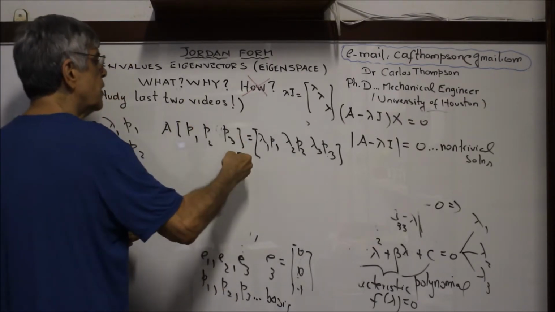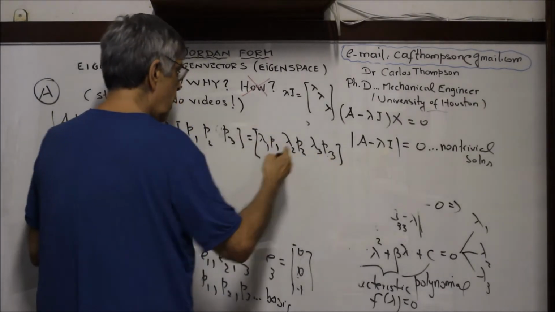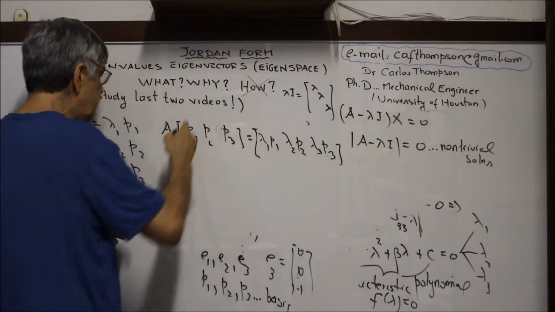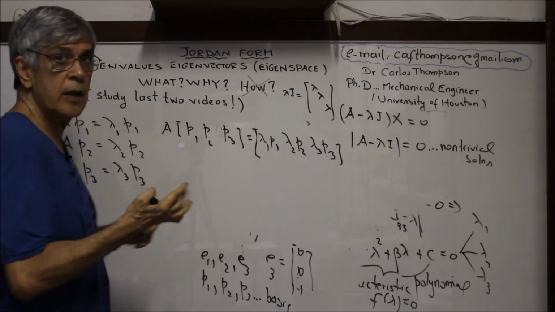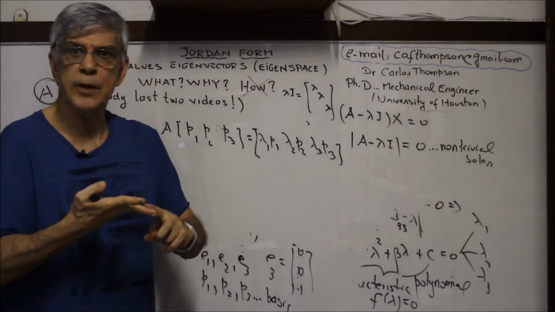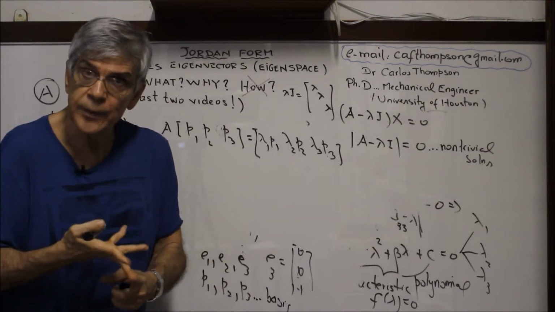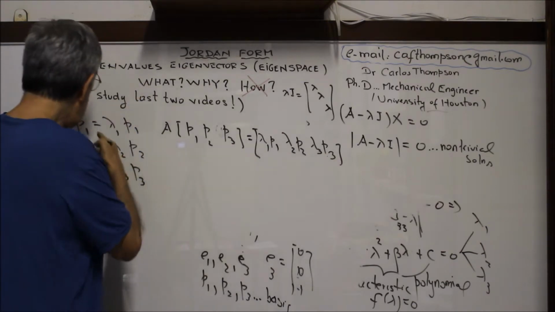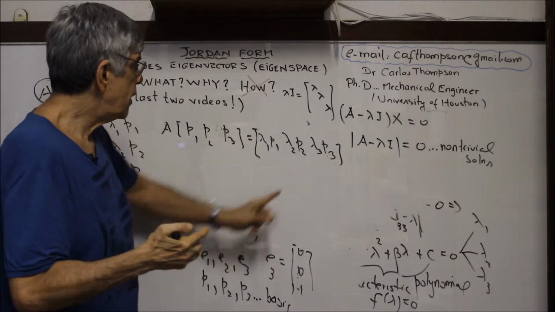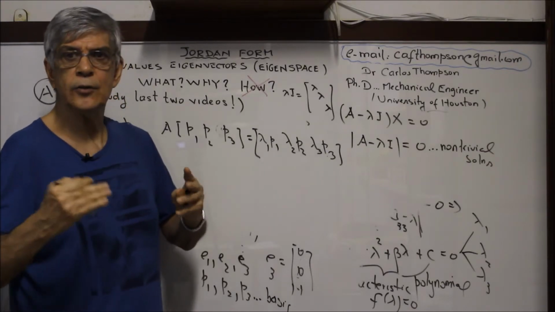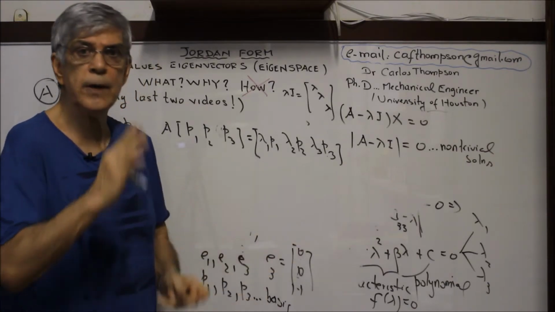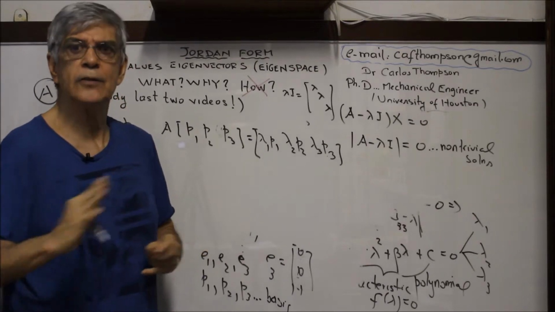Obviously, I have 3 columns here and 3 columns there. But when you see P1, you just know that P1 is P11, P12, and P13, because I am in R3. Like P2: P21, P22, and P23. Like this, P3: P31, P32, P33.